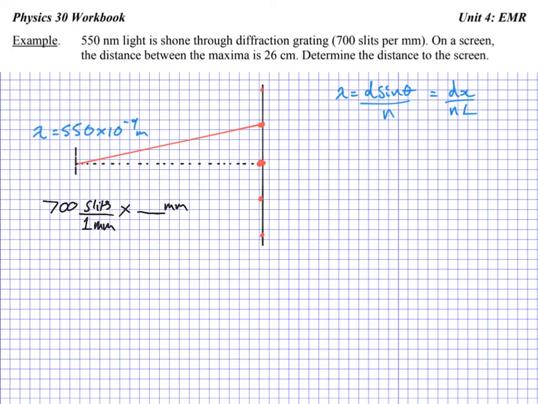I want to get rid of my millimeters and have meters. What's our known ratio of meters to millimeters? Well, 1 meter is 1,000 millimeters. If I do this, I'm going to cancel out those millimeters, and if I actually do the math now, what do I get?